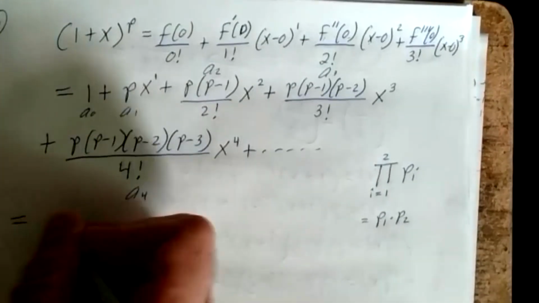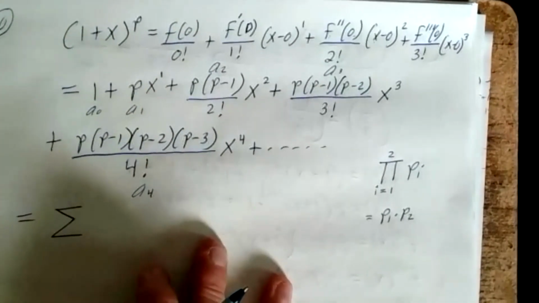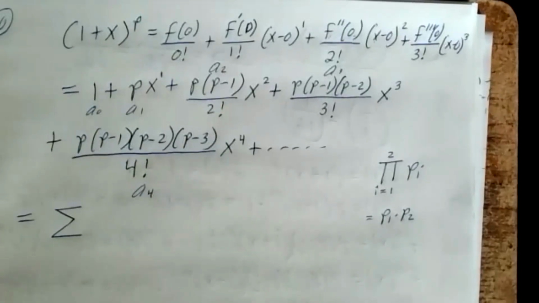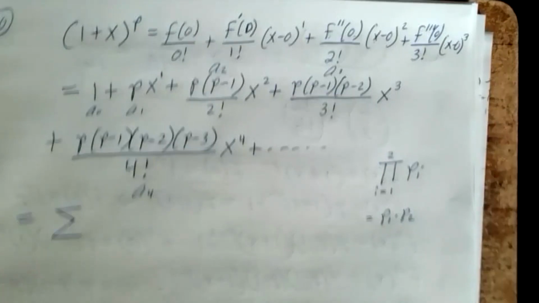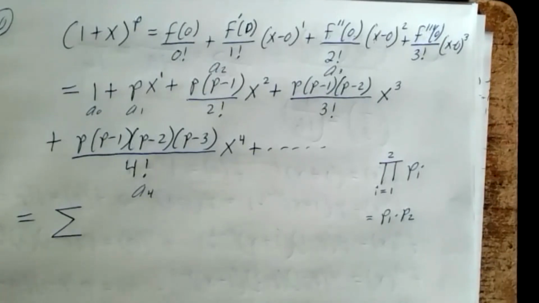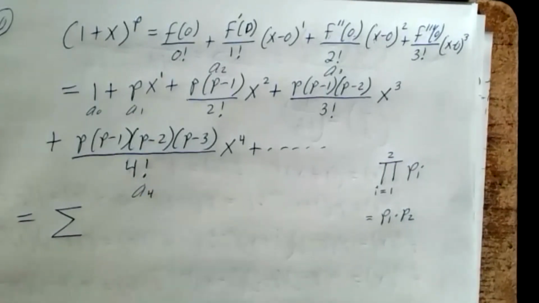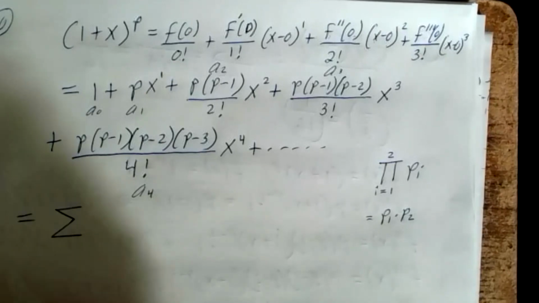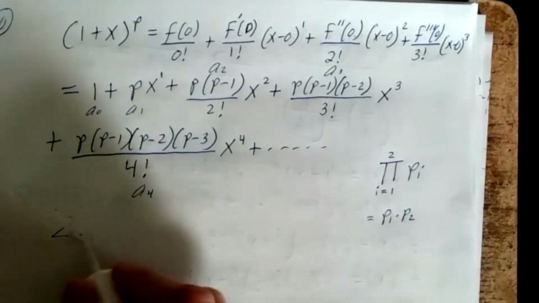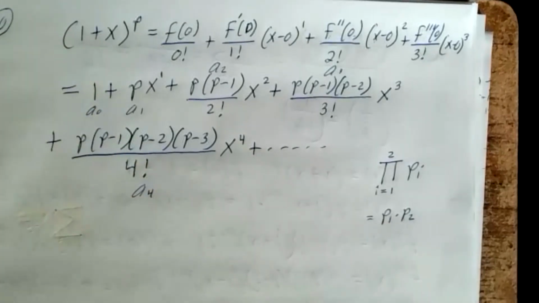So what we could do here is say that the power series expansion of 1 plus x to the p is, to generalize this... actually, I think we're going to have to leave it like that. Let's just leave it like this. So I've shown you the power series for 1 plus x to the p power. All right, that's good for that problem.